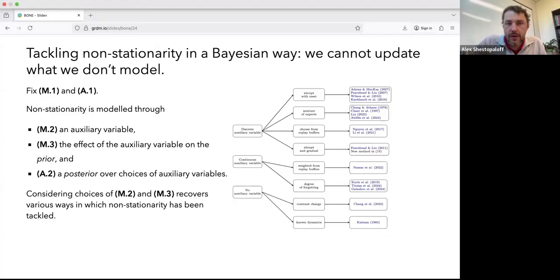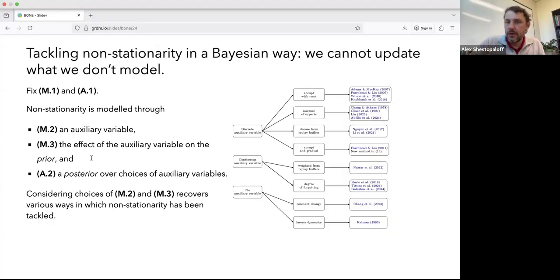Okay. So how do we do this in a Bayesian way? And if you recall, a number of slides ago, I mentioned this auxiliary variable psi, right? And this auxiliary variable psi is what's going to be inside the state space model. It's going to be the component of the state space model that we're going to use to track and to adapt to the non-stationarity that we encounter, right? And this is specified in our framework as M2 and M3, because of course specifying the auxiliary variable is not enough by itself, but also we have to say what the effect of this auxiliary variable is on the prior, right?